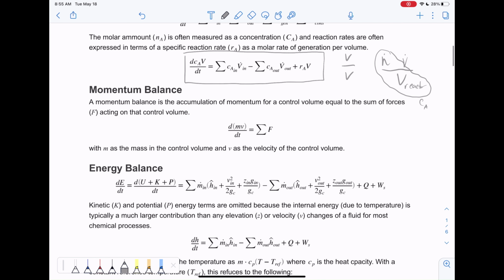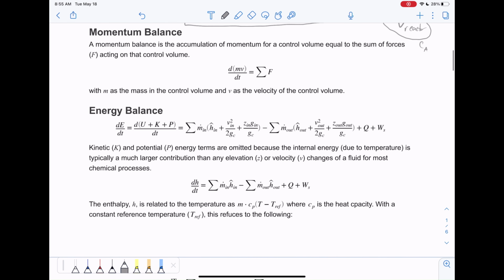We'll look at a momentum balance, and that's often used in mechanical and civil engineering. You can think of statics, and basically it's the same principle though. The cumulative force is the sum of all the forces that are happening, both forces coming into the system or the forces that the system is exerting, and then obviously generation and consumption.